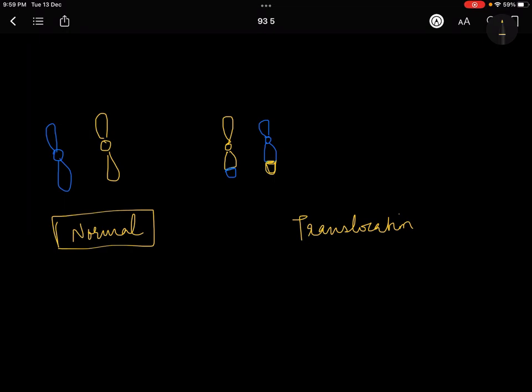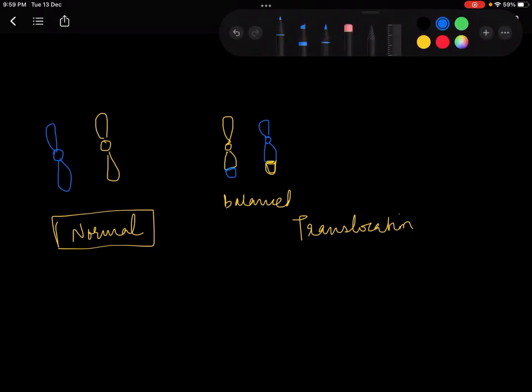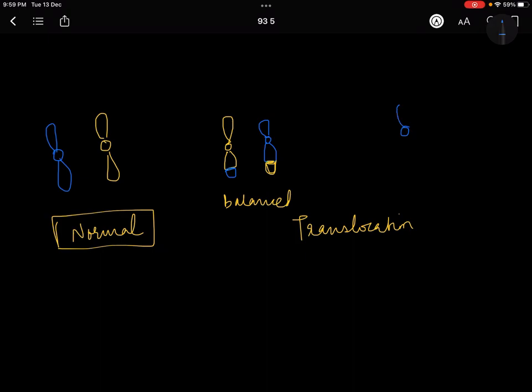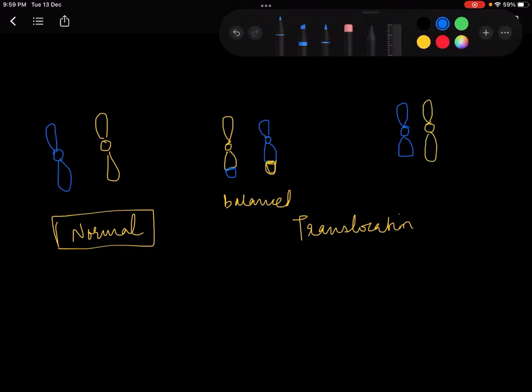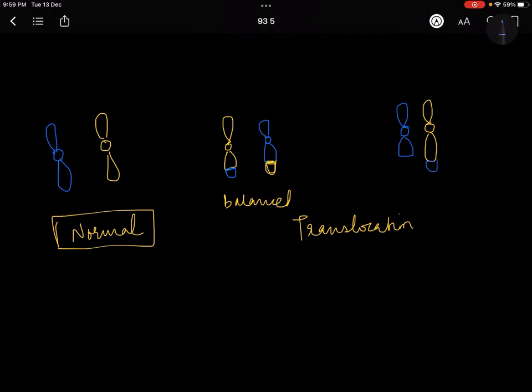So this is one example, and you can call this balanced translocation also, but many times it is not balanced translocation. Herein what has happened, there is deletion in this one and translocation in this one, so it is not balanced, right?